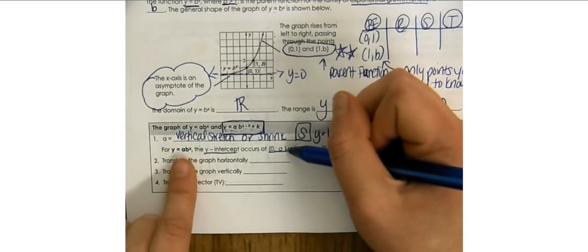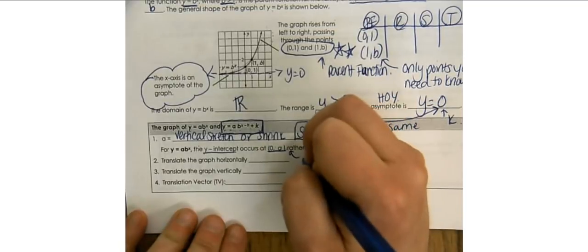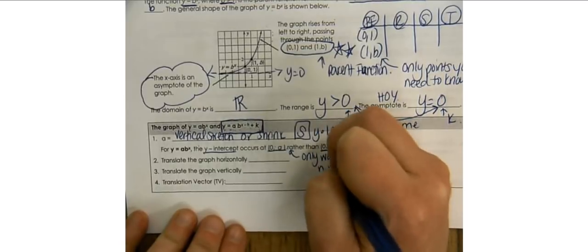This only works if your h and k values are 0, 0. And you'll notice that you're not adding anything in the exponent position, and you won't be adding or subtracting anything outside of the exponent position.